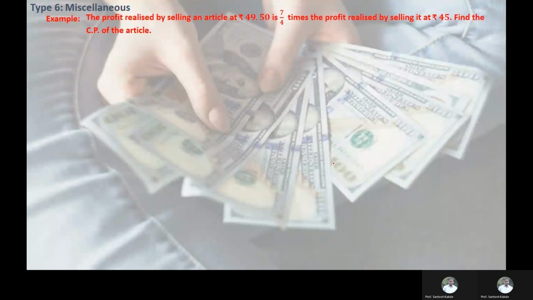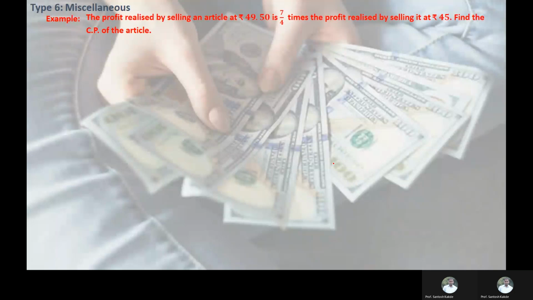So we proceed to another type of examples. Let us consider miscellaneous. It contains all the types. Whatever we have learned, we solve all these types as mixed types of examples, miscellaneous, whatever is given, whatever you have to find. Just look at this example.